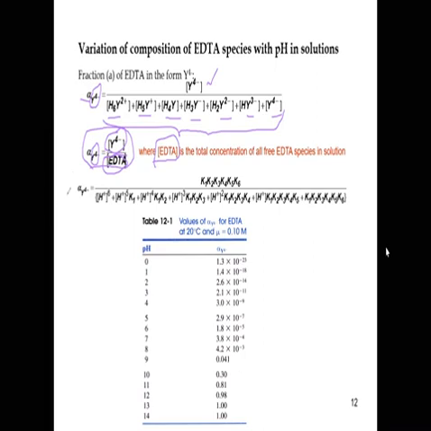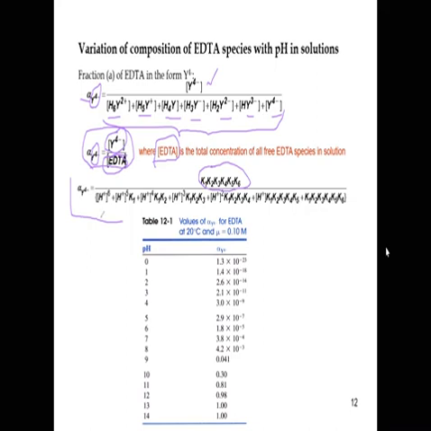If you want to calculate alpha 4, this is the equation you can use. For this, you definitely need K1, K2, K3, K4, K5, K6. K5 and K6 are for the ammonium groups. There are 2 ammonium groups.